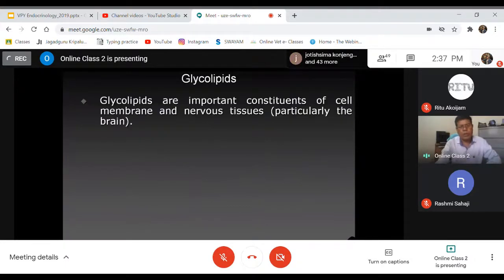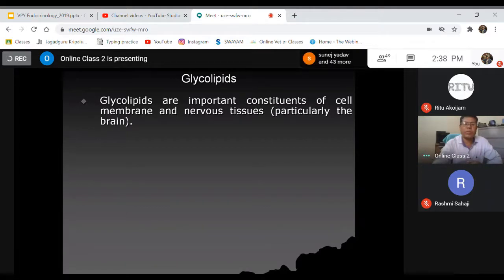Next is the glycolipids. The name suggests that glyco means carbohydrate, so these are the lipids which contain carbohydrates. Glycolipids are important constituents of the cell membranes and the nervous tissues. Earlier we discussed that the carbohydrates are important because they act as receptors.